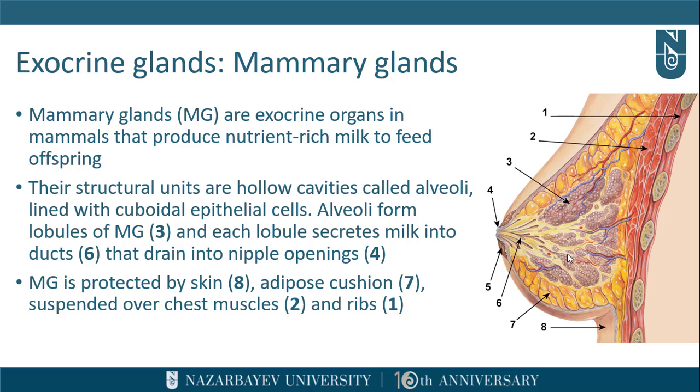The mammary gland is protected by the skin, and as you can also see here, the adipose tissue contains the adipocytes, fat cells, and it is suspended over the chest muscles and ribs.